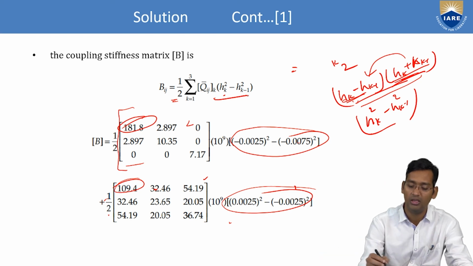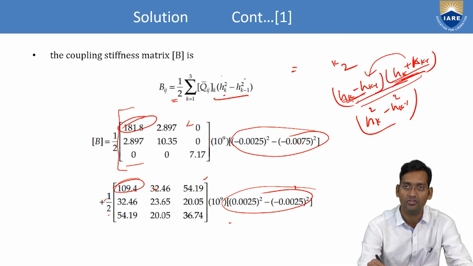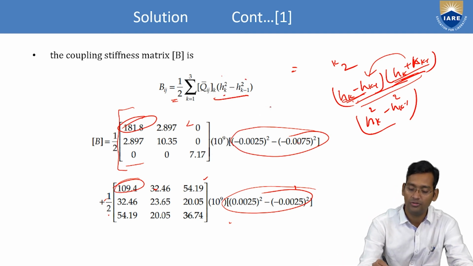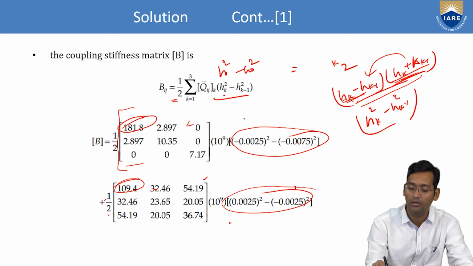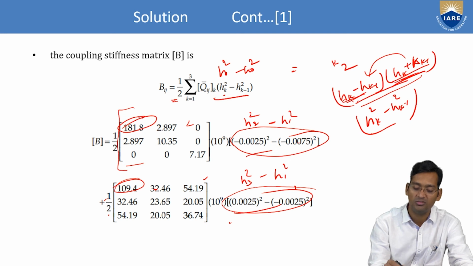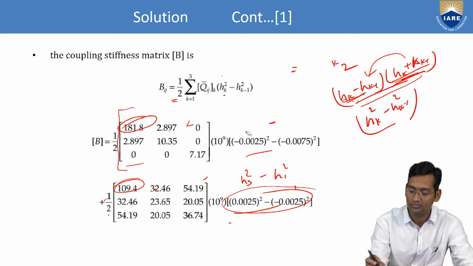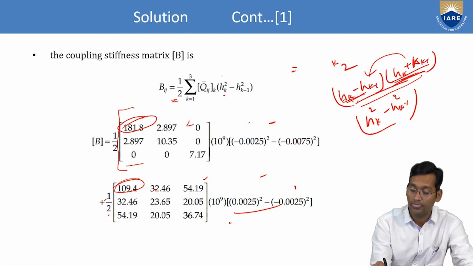Now in the same way, put the hk value. For the first ply, this will be h1 square minus h0 square.